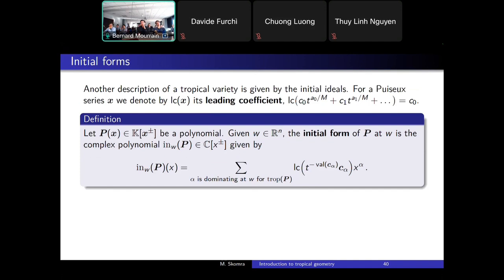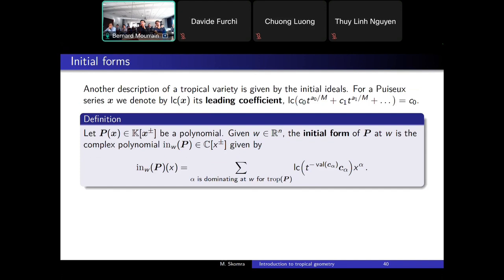These are the dominating terms in this expression. So I will only look at these monomials which achieve the minimum of valuation. Then I will multiply them by this factor so that every coefficient has valuation 0, and I will take the leading terms.